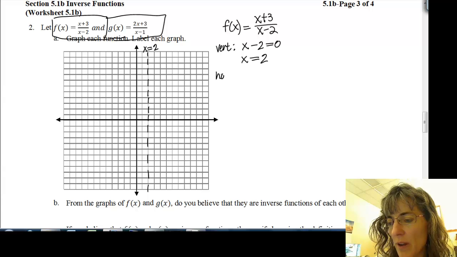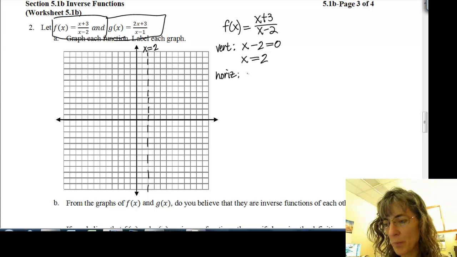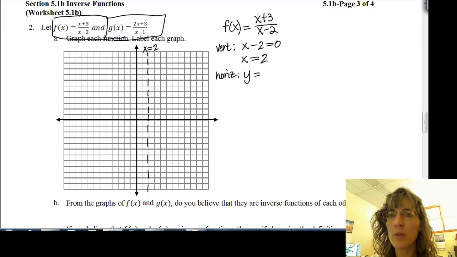Then I want to know if I have a horizontal asymptote. And remember, for the horizontal asymptote, it's going to be the ratio of the lead coefficients. And the reason it's that is because my two lead terms have the same degree.